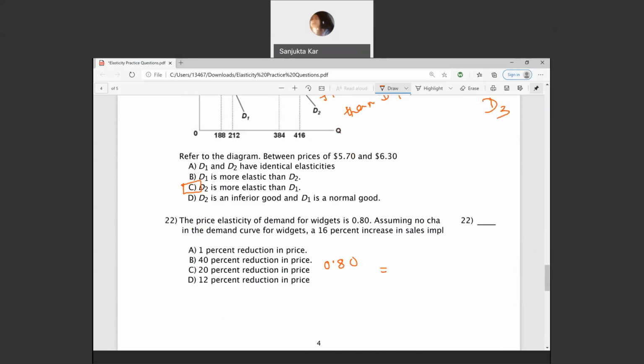Assuming no change in the demand curve for widgets, a 16% increase in sales. That means this one is positive 16%. This implies what? Definitely the price has got to go down. All right, so let's see what's going to be the answer here.